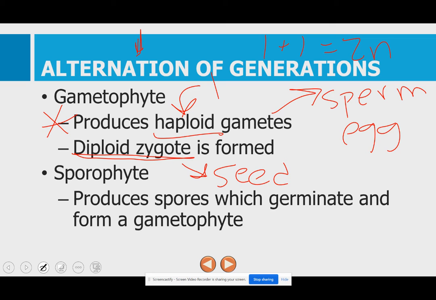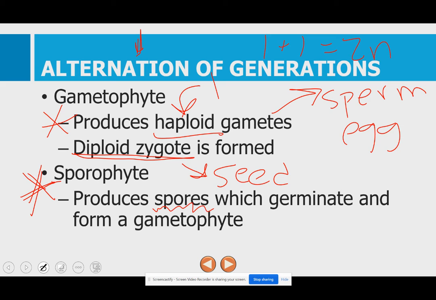Once the zygote germinates, and germinates is the term we use for when that seed starts to grow, the diploid plant that emerges is known as the sporophyte. So the sporophyte is the diploid plant that came out of the seed. And the sporophyte stage, its whole job is to produce spores.